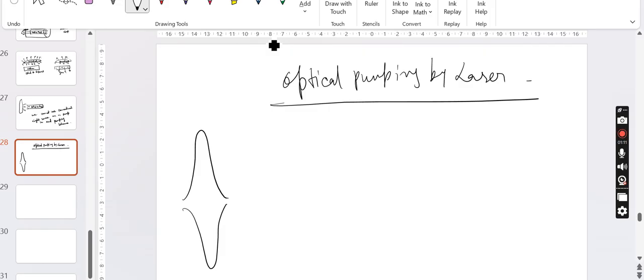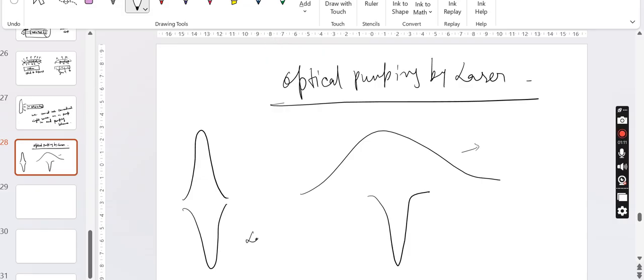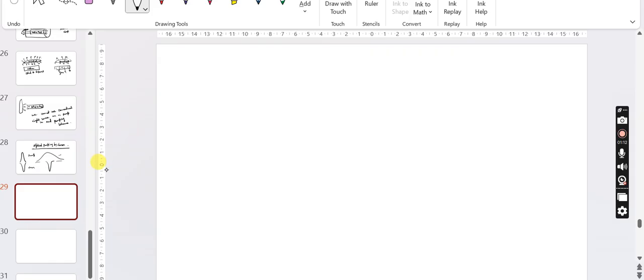The spectral bandwidth will match. But for conventional light, what is going to happen? That is the bandwidth for conventional light, and the laser is working in this bandwidth. So this spectrum portion is being wasted basically. That is why we can use optical pumping by laser, and the active medium can be a gas.